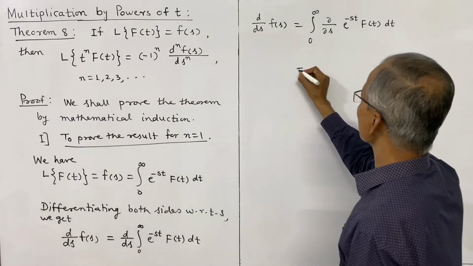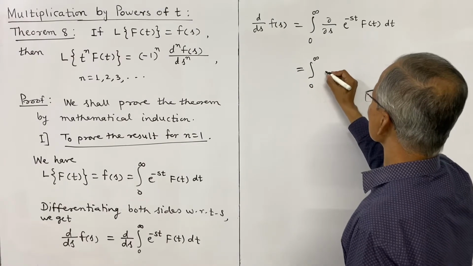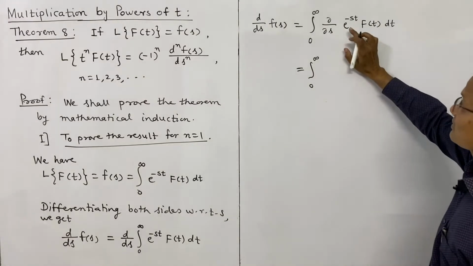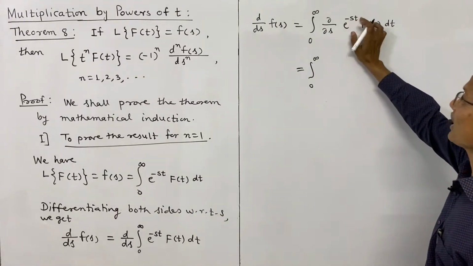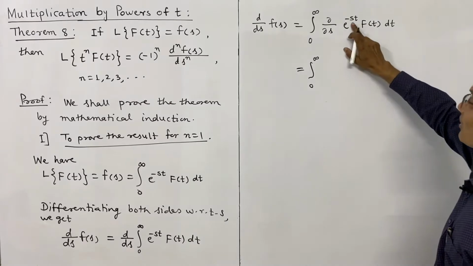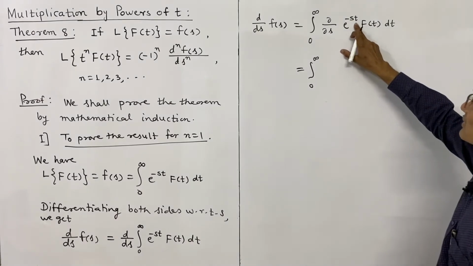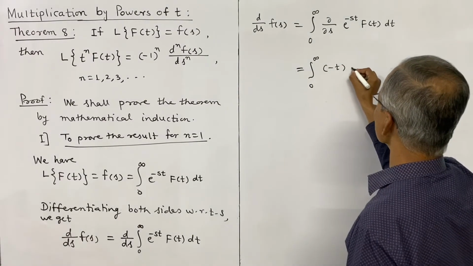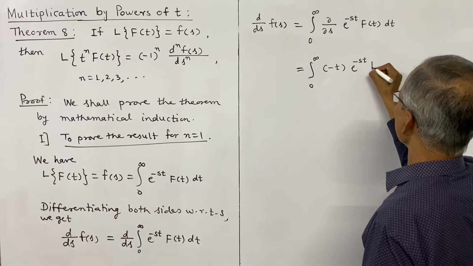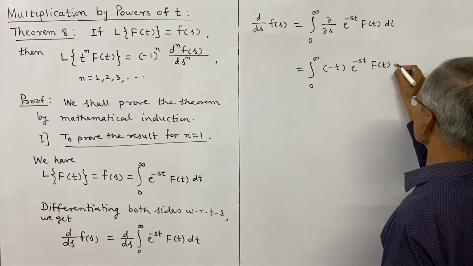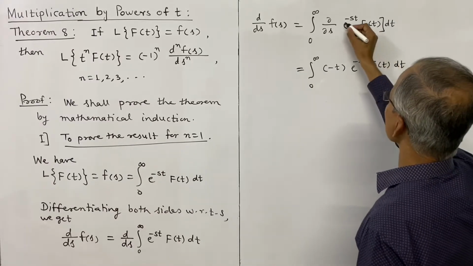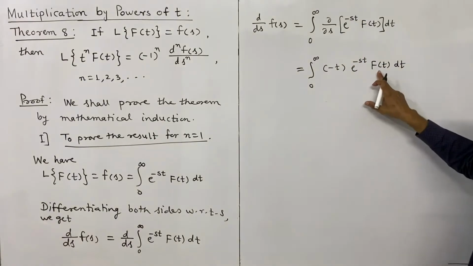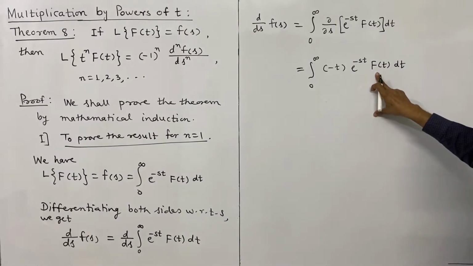The derivative of the exponential function e power minus st is e power minus st into the derivative of minus st with respect to s. The derivative of s is 1, so the derivative of minus st with respect to s is minus t, and thus this becomes minus t into e power minus st, and f of t remains the same as it is a constant when we differentiate partially with respect to s.